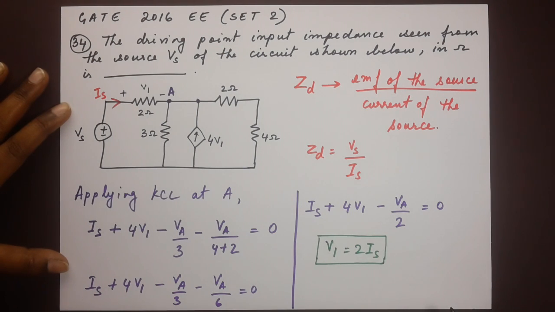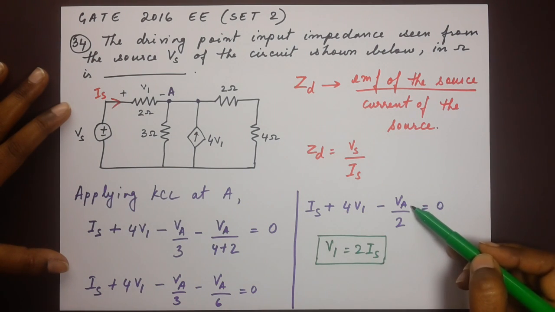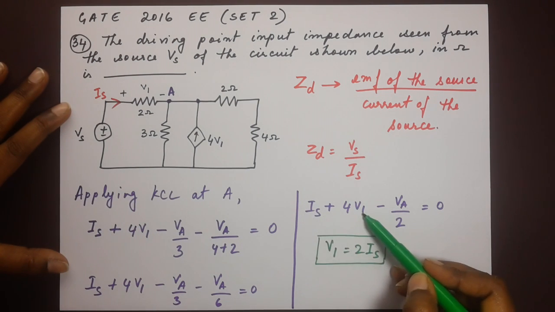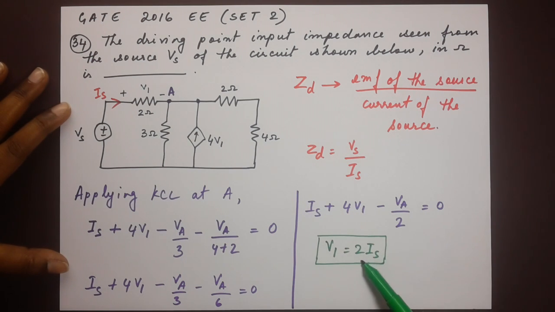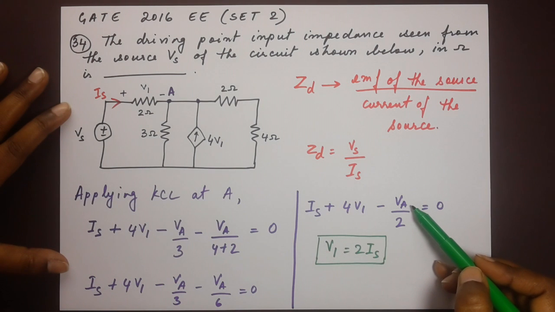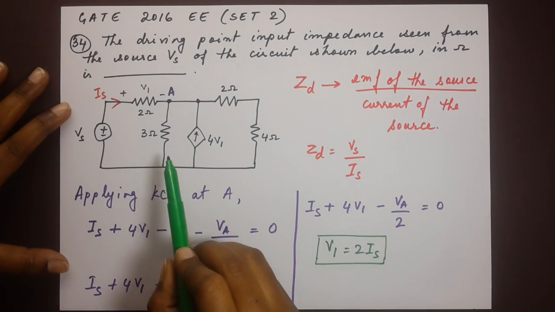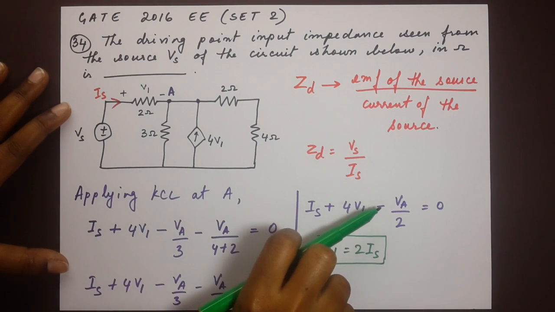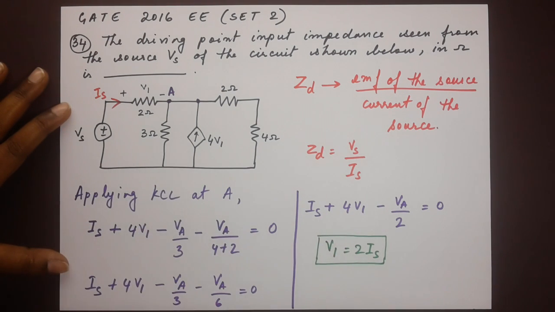Now the next relation. We need to eliminate Va over here. In this equation we have Is, we have V1 and we have Va. V1 we can write in terms of 2Is. Now we need to eliminate Va. So let's look at this circuit once again and try to write down an expression for Va in terms of Is.